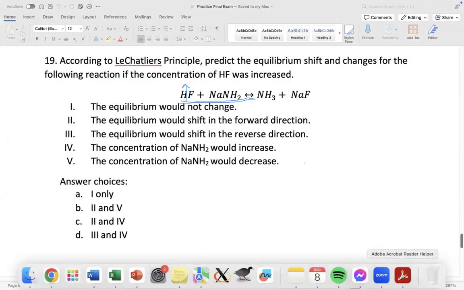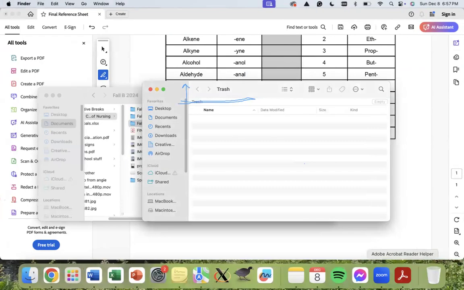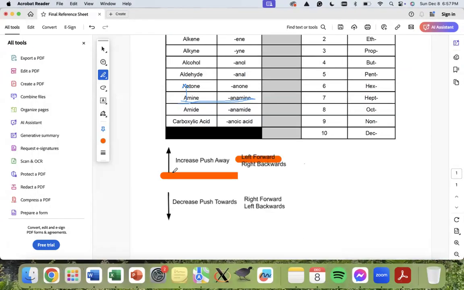So I come back to my reference sheet. It's increasing, so I'm going to look under this parameter here, and it's on the left side of the reaction arrow. So that means that the equilibrium is pushing forward, or to the right.